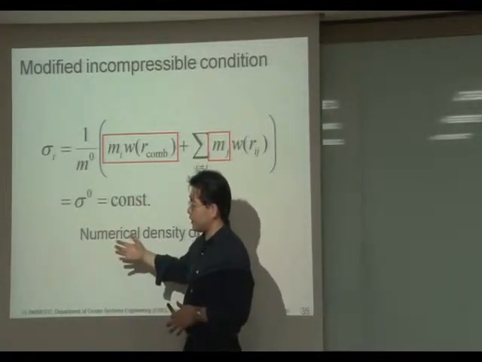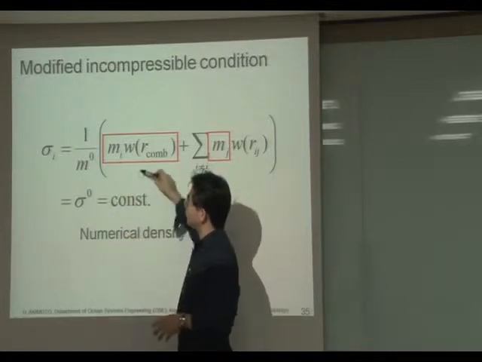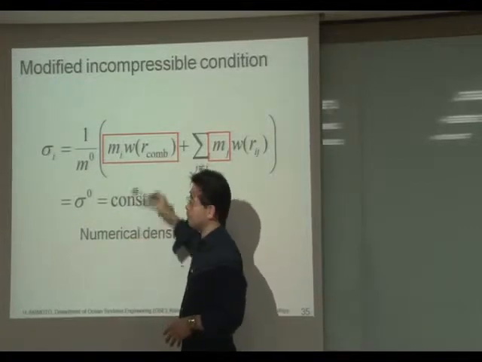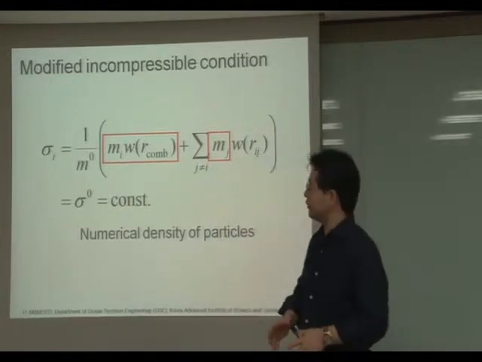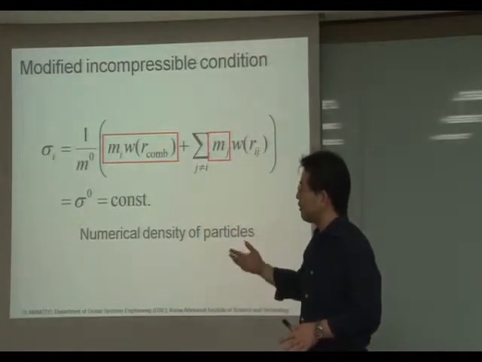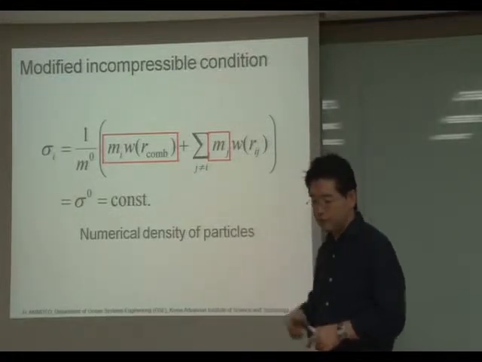Since the other neighbor particle is now going to inside, the resultant numerical number density can be constant before and after the merge or division of particles.